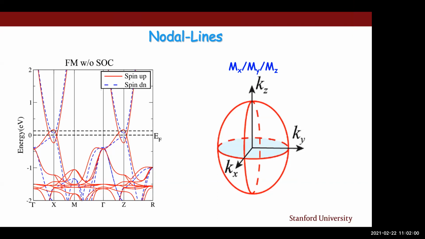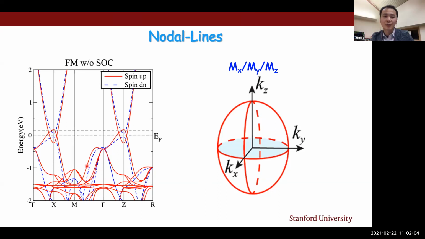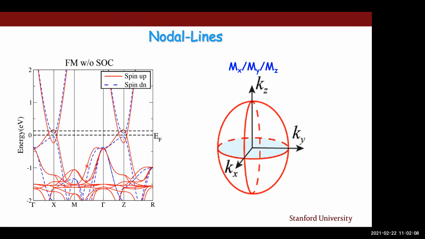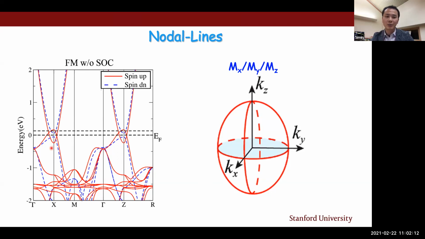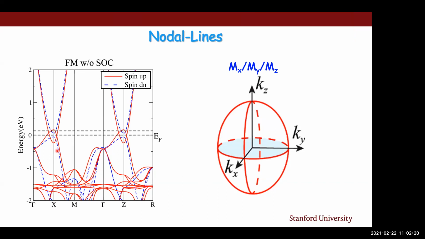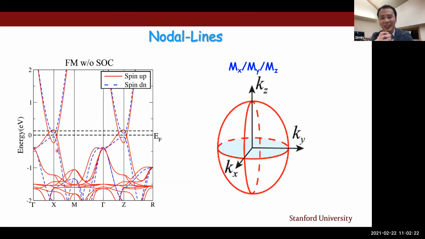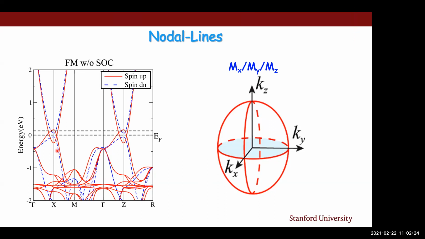I see. So is this a ferromagnet? You said you turn on a magnetic field. Yeah, it's ferromagnetic. So is this with a magnetic field or no magnetic field? It is already with the magnetic field, but we didn't consider the spin-orbit coupling. This is the difference. Okay. I'm just a bit confused because you call it a ferromagnet, and I just wanted to understand the origin of the spontaneous symmetry breaking.